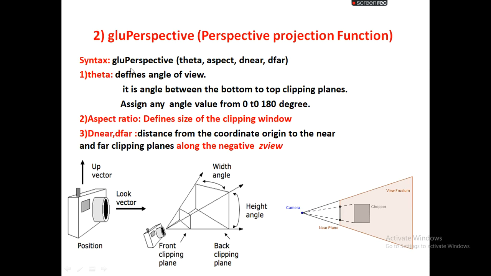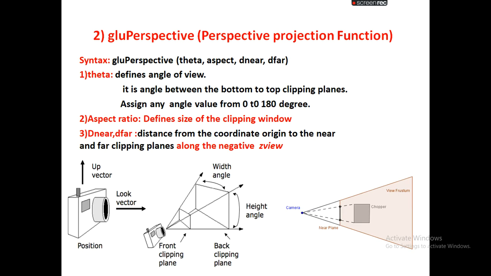The syntax of GLU perspective is like this. It will take a theta value, the aspect ratio of the clipping window, and the distance from the projection reference point to the view plane, that is d near and d far, or you can write z near and z far.